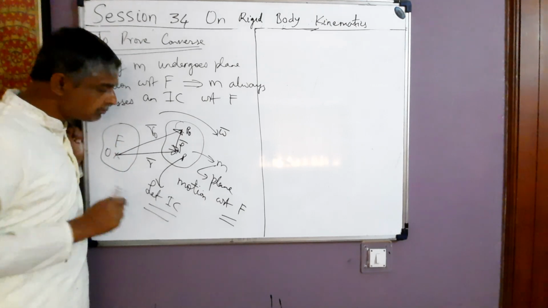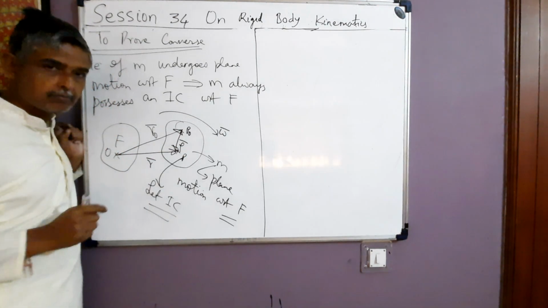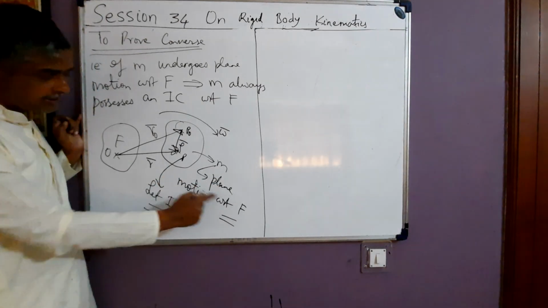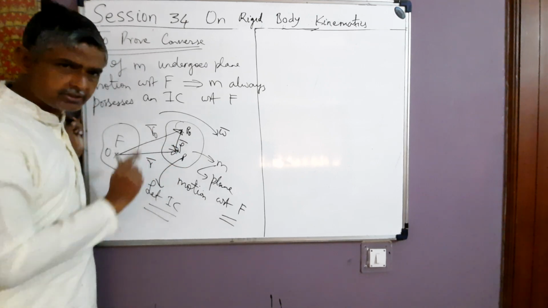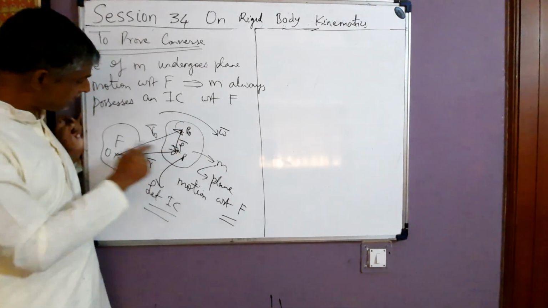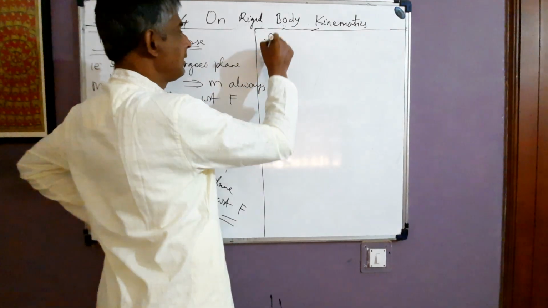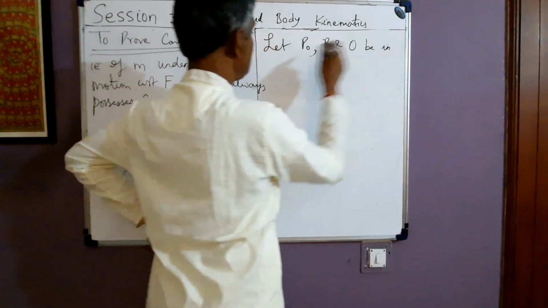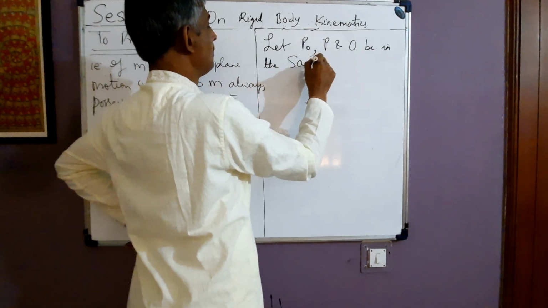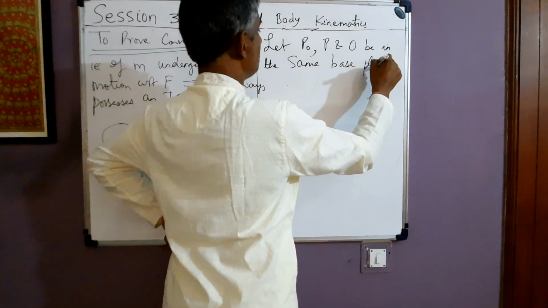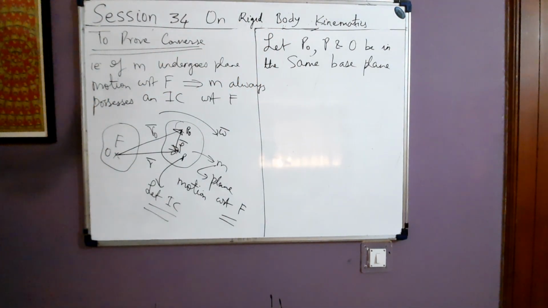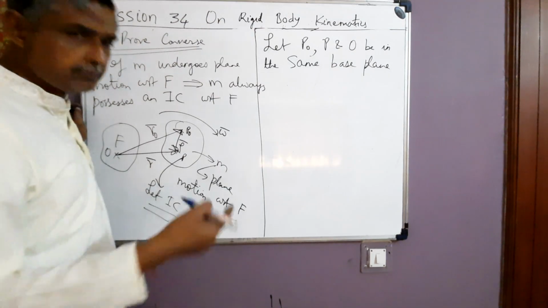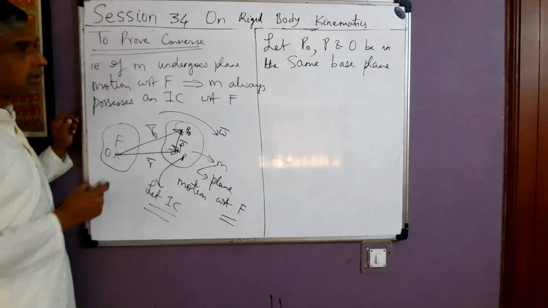Now, since M undergoes plane motion with respect to F, the concept of base plane is meaningful here. So let us assume that P naught, P and O are all in the same base plane.